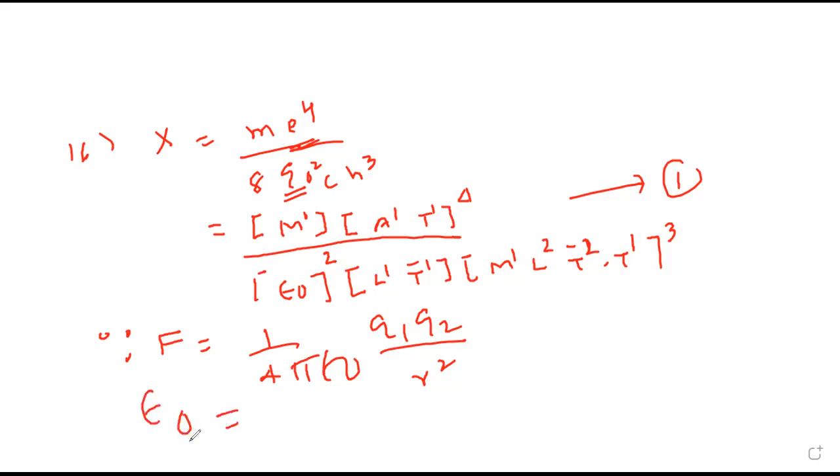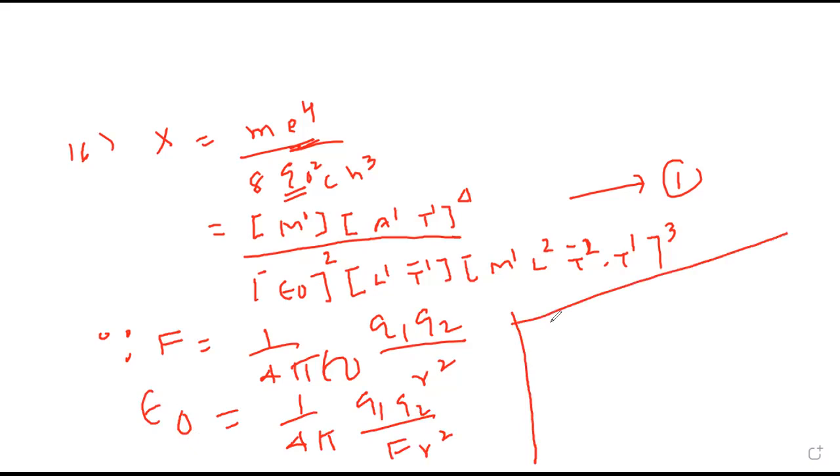Epsilon naught is called the quantity permittivity. So epsilon naught is 1 upon 4 pi, q1 q2 upon F r square. That means the dimension of epsilon naught is the dimension of charge q1 q2, indirectly the dimension of q square.